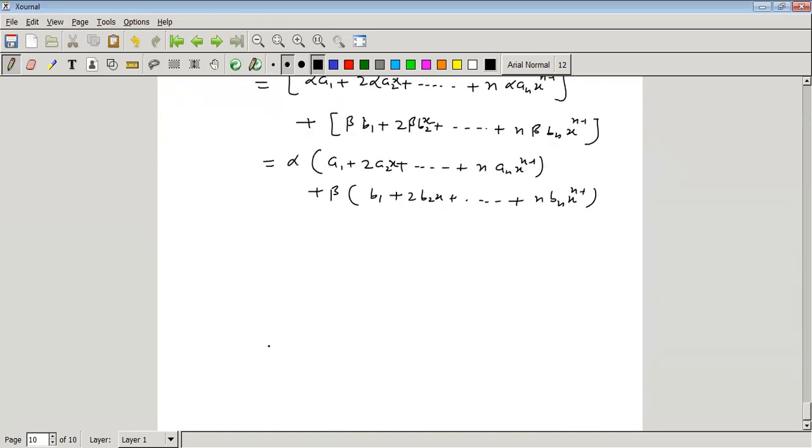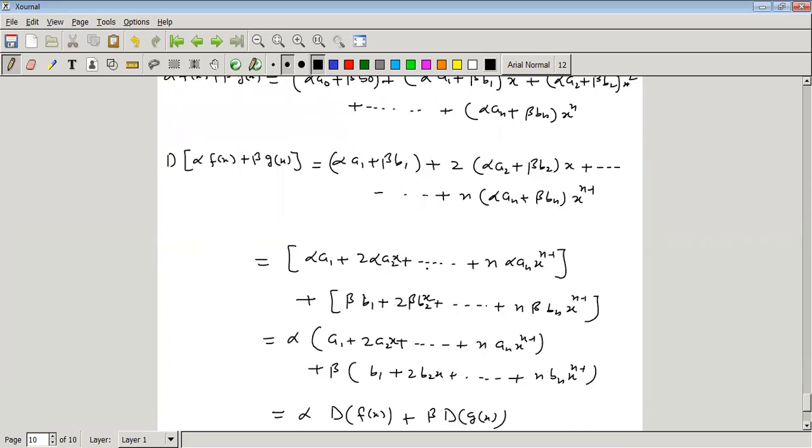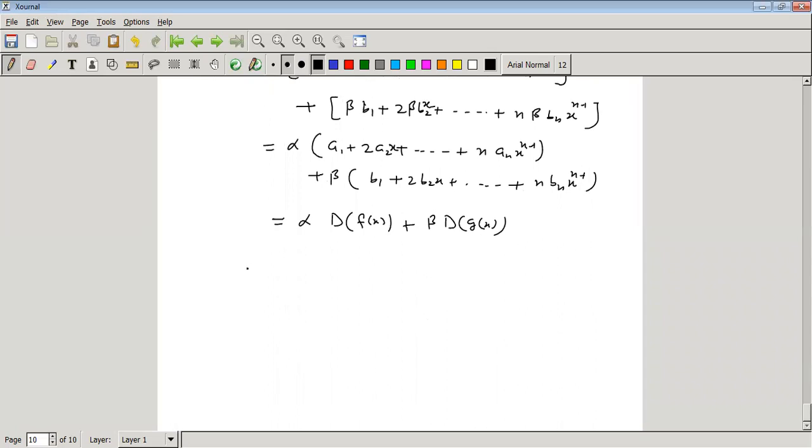So this is alpha times D of f(x) plus beta times D of g(x). So this implies D is a linear function. So in this way we have discussed examples related to linear transformation, linear operator, and linear functional. So this is a linear operator, not a linear functional. This is a linear operator.